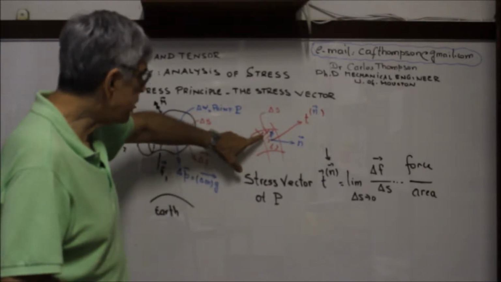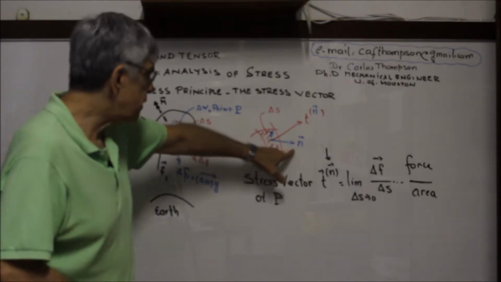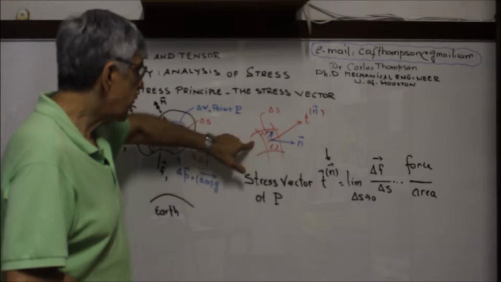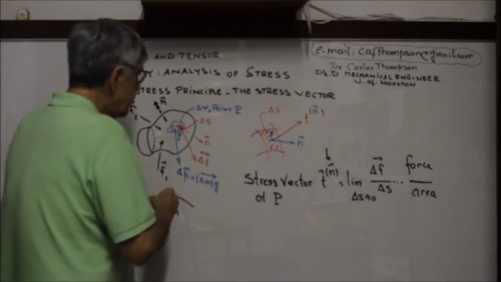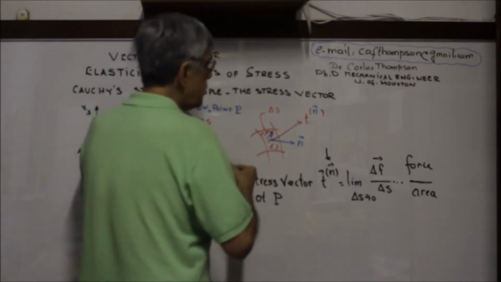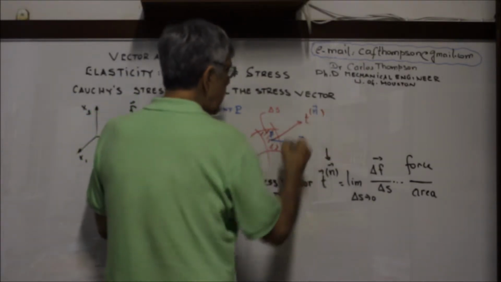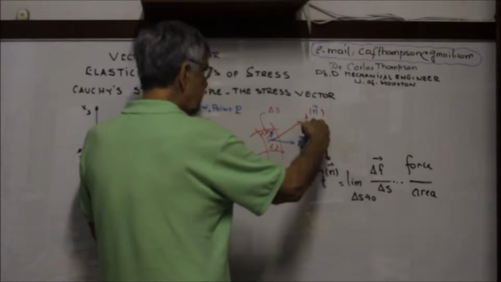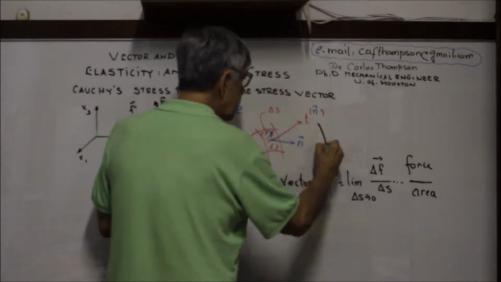This is a normal vector to delta S, and here is a force. This T of n is called a stress vector, and it is defined like this.